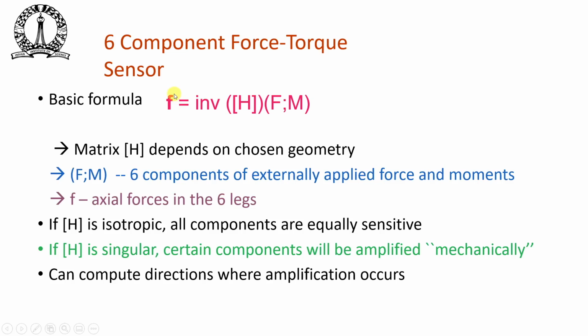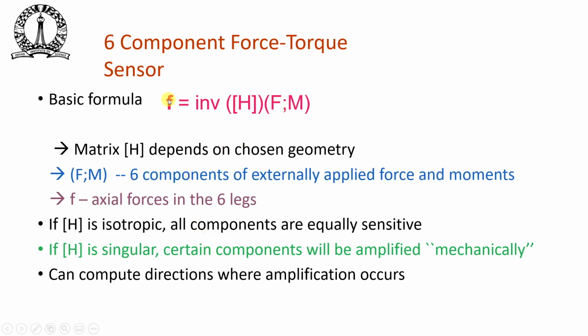And this small f on the left hand side are the axial forces in the 6 legs. So if H were isotropic, meaning the eigenvalues of H were all equal, all components of F comma M will be equally sensitive.